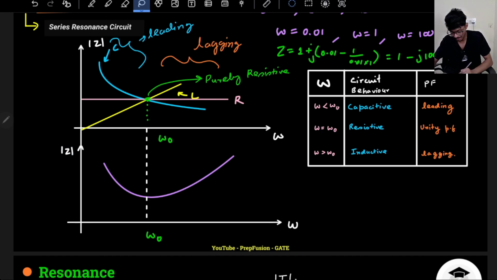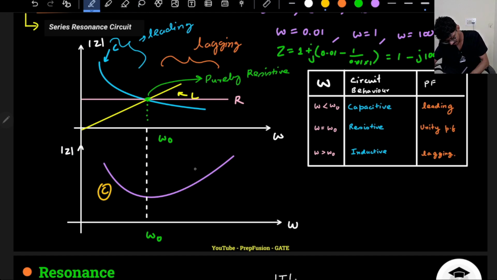And again marking out that on the left hand side it is capacitive, on the right hand side it is inductive, and at omega naught frequency it is resistive. Okay, got it. So this was about the graph, very simple thing to explain.